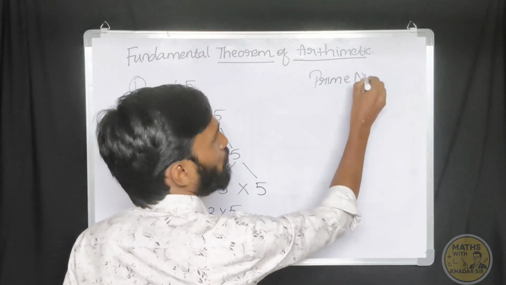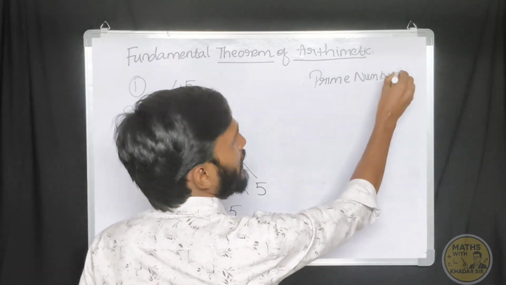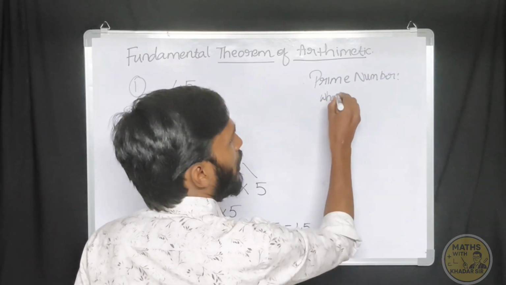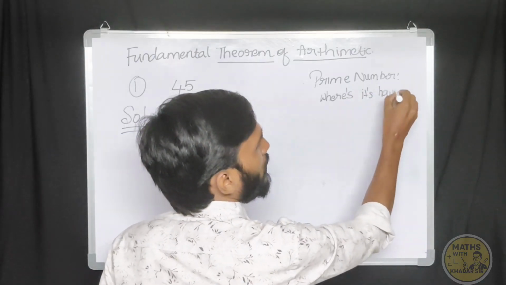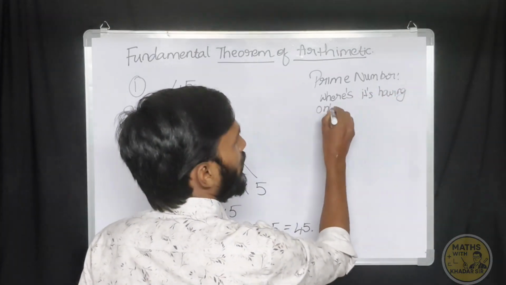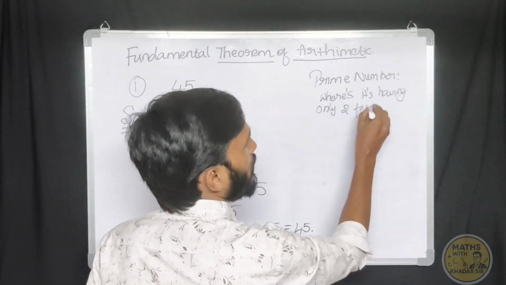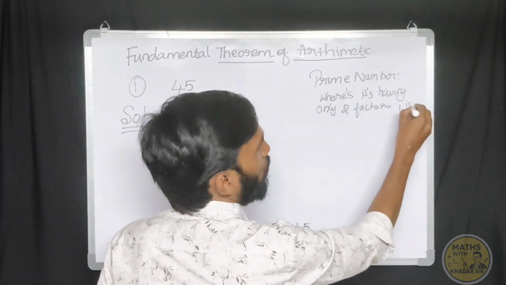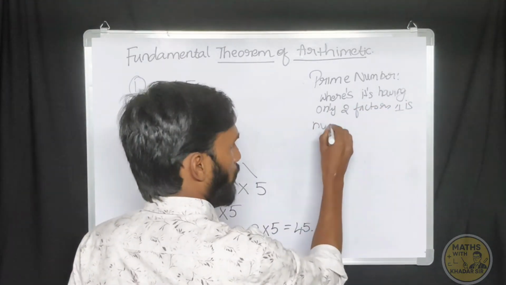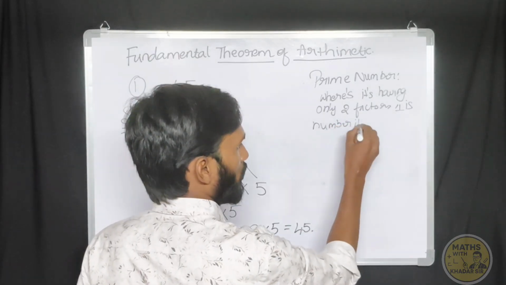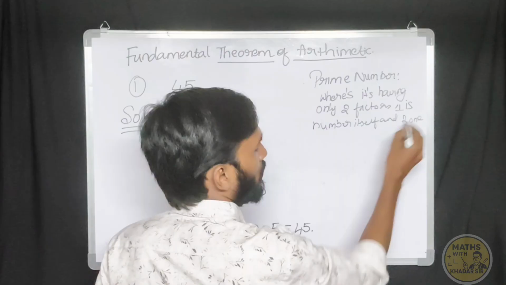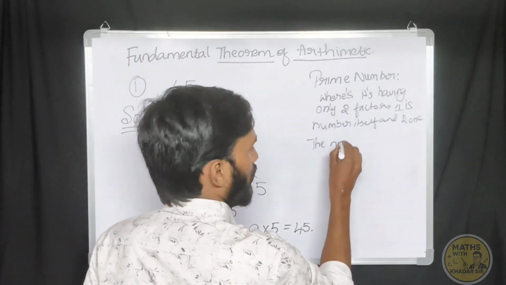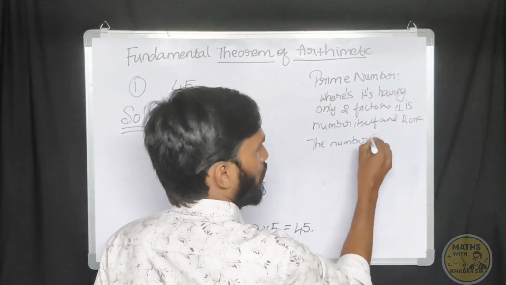What is the definition of a prime number? A prime number is a number having only two factors: one is the number itself and the second one is the number 1.